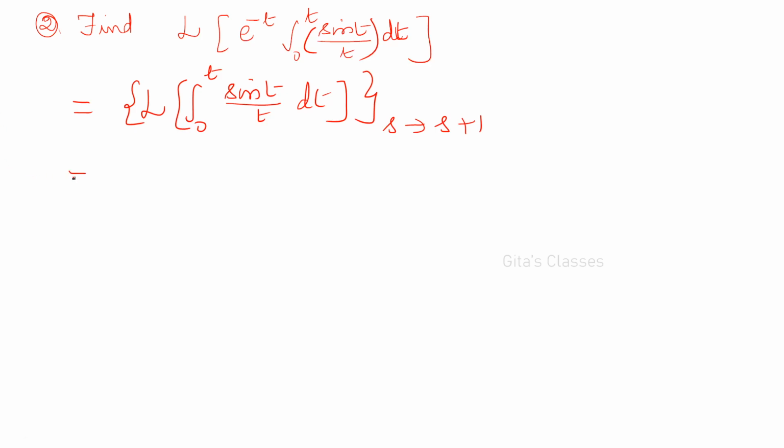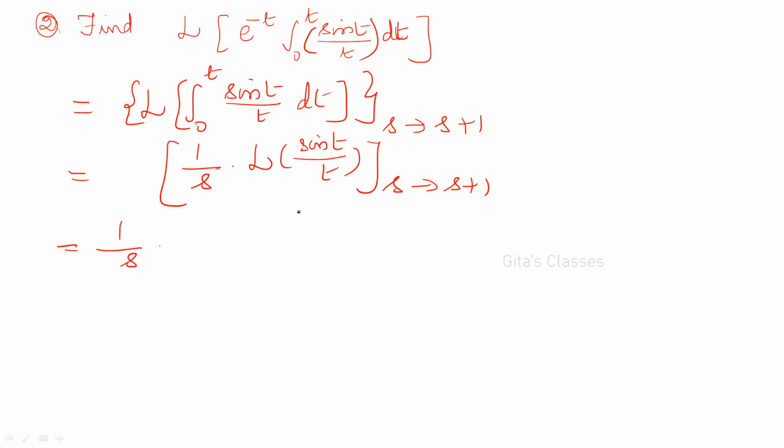Now integral means you divide by s into L of the remaining function, that is the integrand. So L of sin t by t, without this integral you find the Laplace transform and divide it by s, in which s should be replaced by s plus 1.